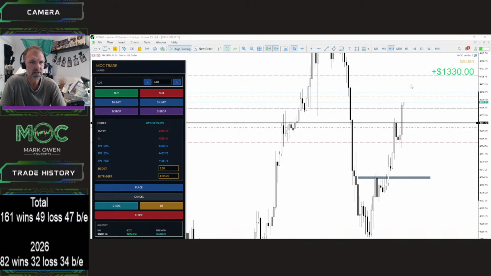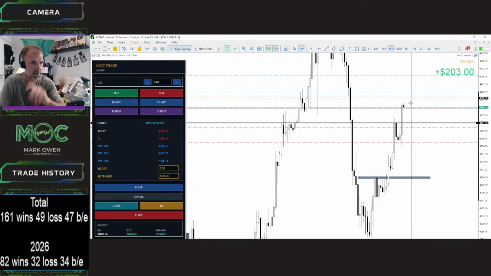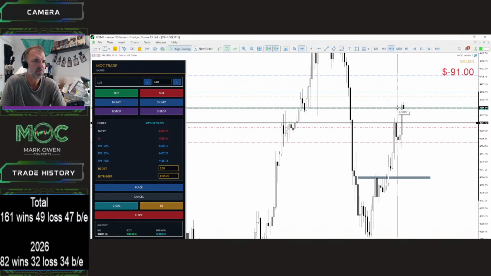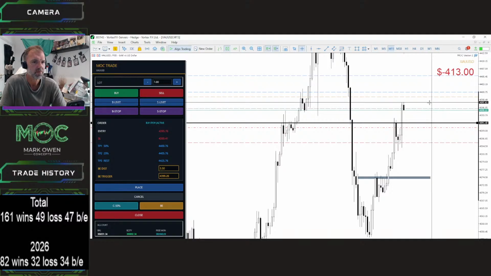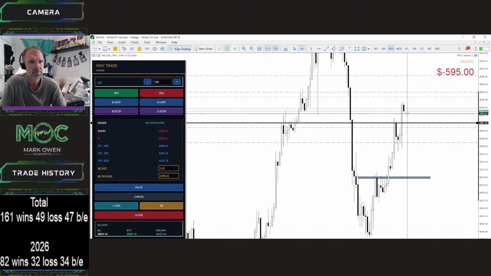Okay, not much of a wick down yet. We've broken the high. Right now I don't want to do it, but realistically we should be thinking about moving stops to break even. The reason I don't want to is because we're literally 30 seconds into the opening of the candle. I want the market to create a bottom wick. Okay, here we go, bottom wick forming.